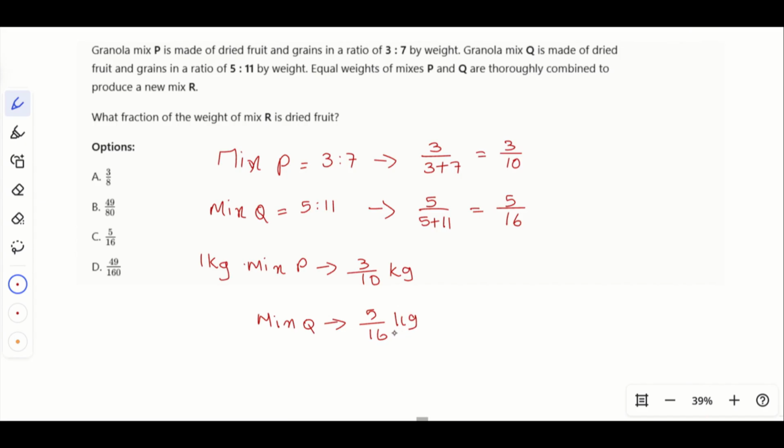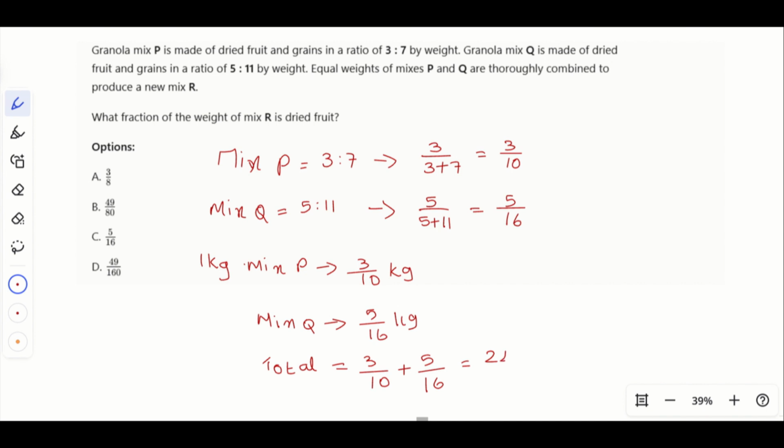So what is the total dried fruit? You can add these two. The total will be 3 by 10 plus 5 by 16. Let's take the LCM.